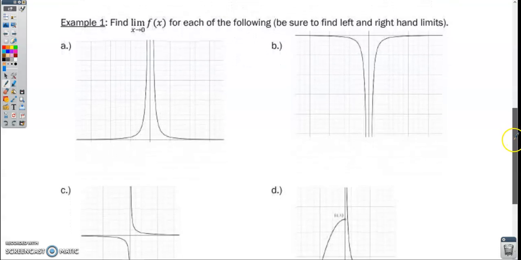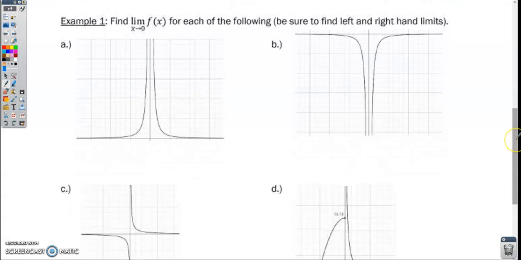Let's look at our first example here. Example 1, we're supposed to find the limit as x goes to 0 for each of the following. And so we're thinking about both the left and right-hand limits. Right here is where x is 0, it's this axis right here. As I'm approaching 0 from the left, this function is increasing without bound, so it's approaching positive infinity.